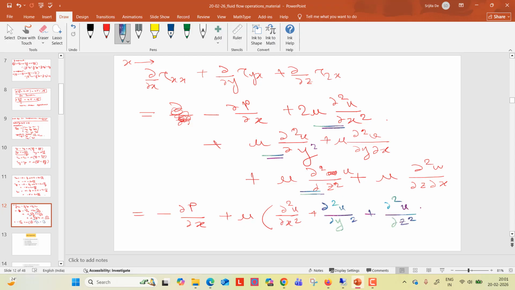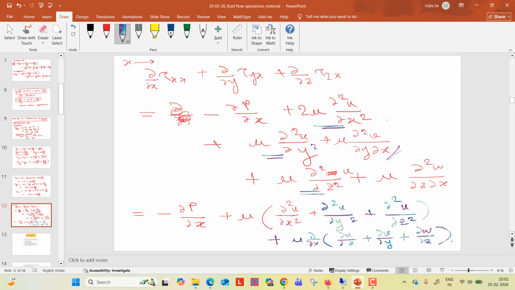Plus again there is a mu and you can take common del x, so it will come as mu into del del x of, so del u del x plus from this term del v del y plus from this term del w del z, right?